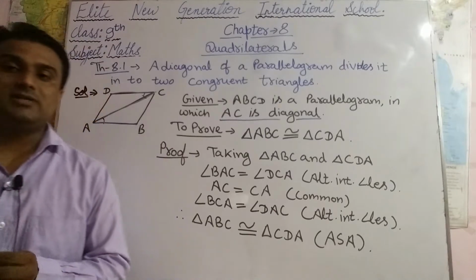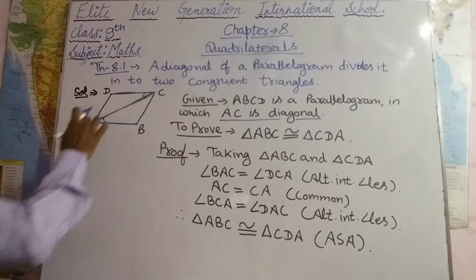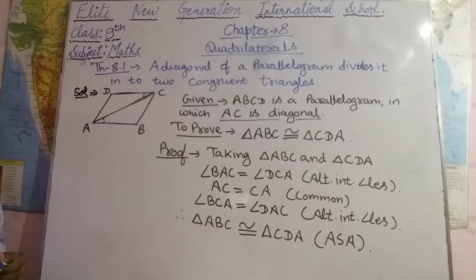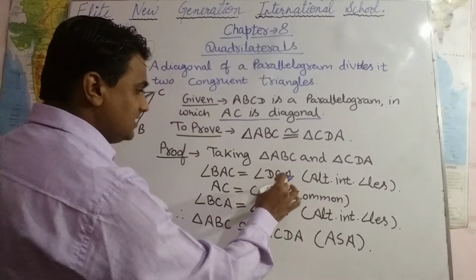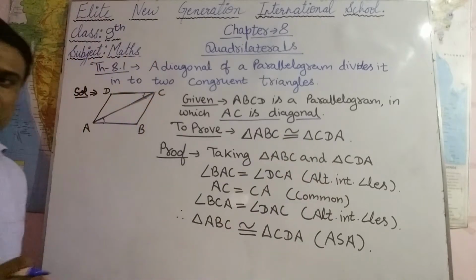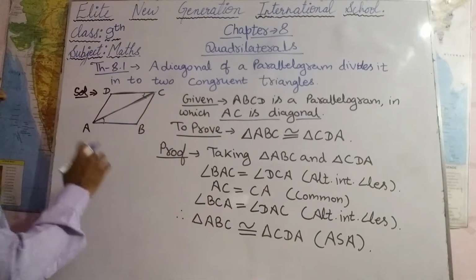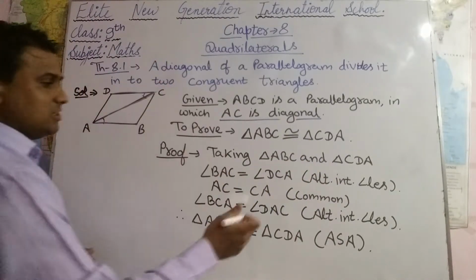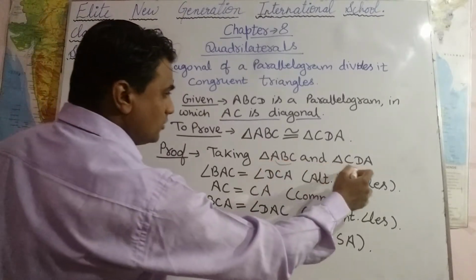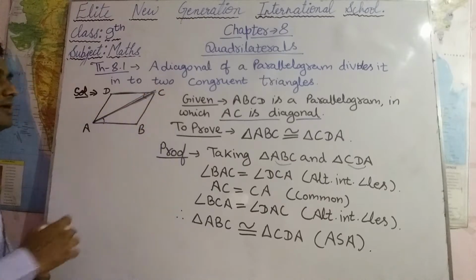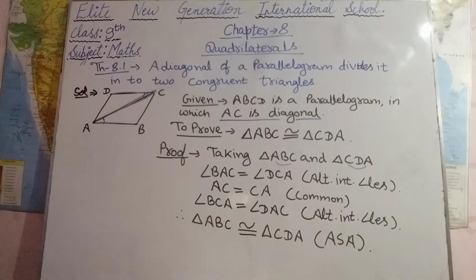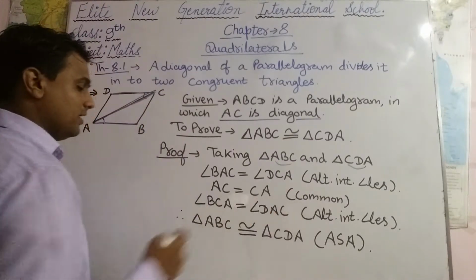In the chapter lines and angles, we studied that these types of angles form alternate interior angles. Now, AC equals CA. These two sides are common to both triangles, so AC is common.